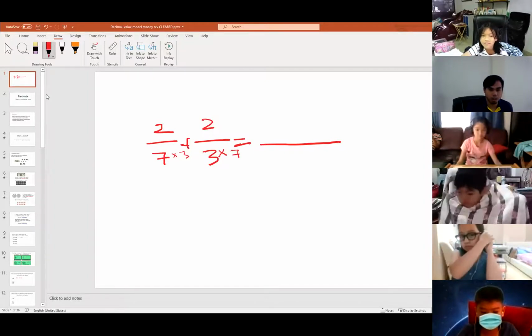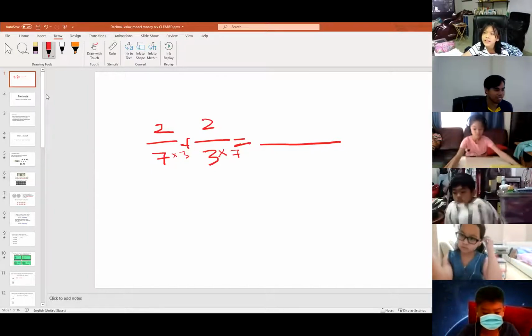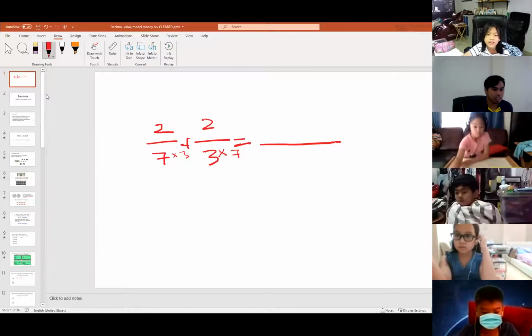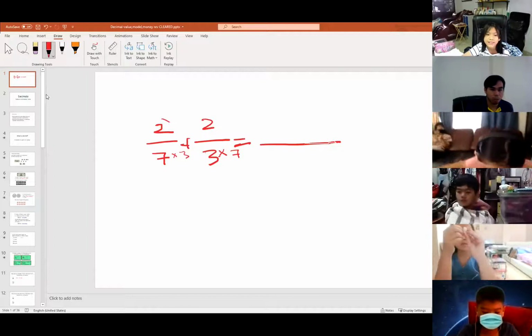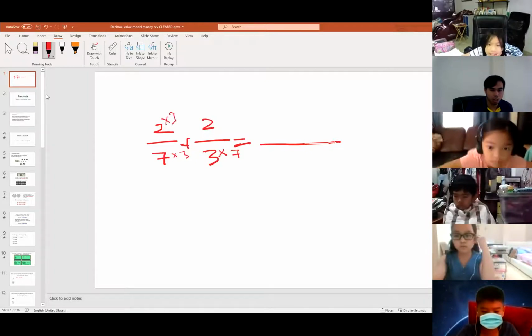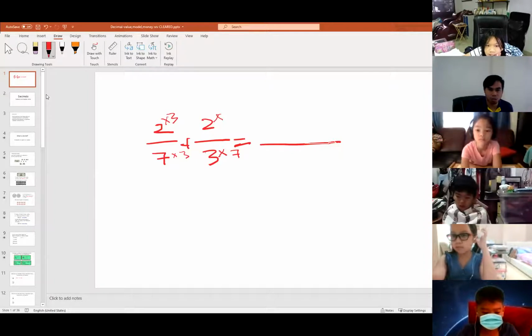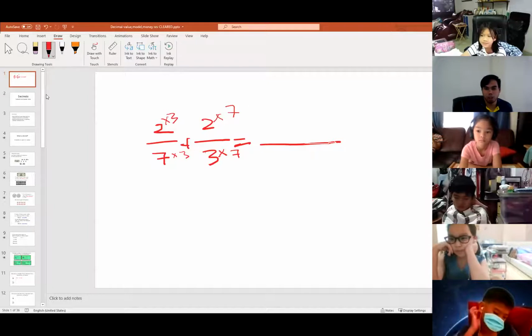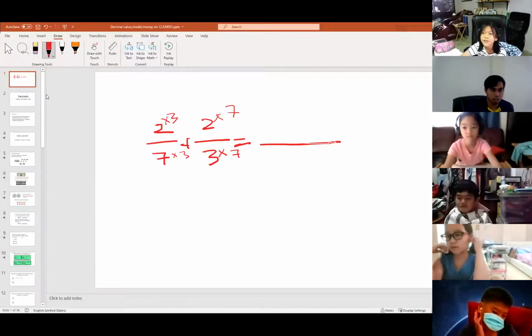So how about the numerator? We have to do the same. What you multiply to the denominator, also multiply to the numerator. So here we have 7 times 3 or 3 times 7 is 21.